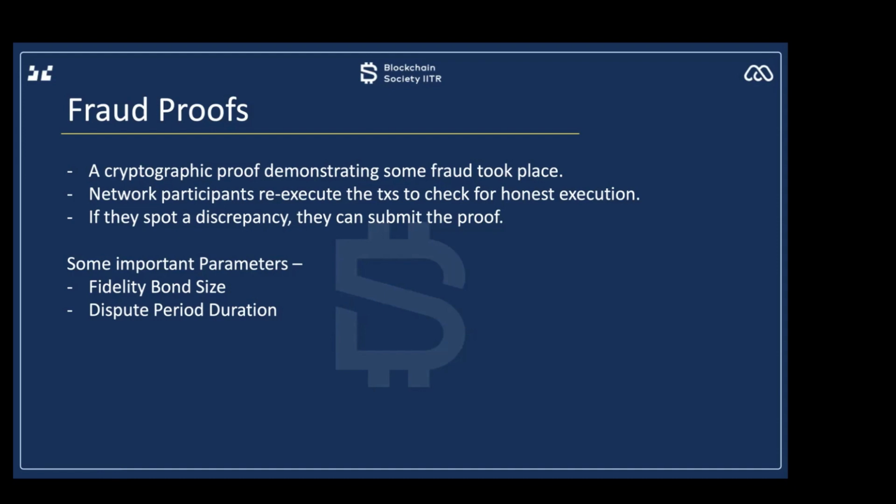If the states match, the state is correct. But if the verifier finds a state that does not match the sequencer's state, the verifier can raise an issue that the state proposed by the sequencer is not correct. In this way, we provide a fraud proof. If they spot a discrepancy, they can submit the proof.